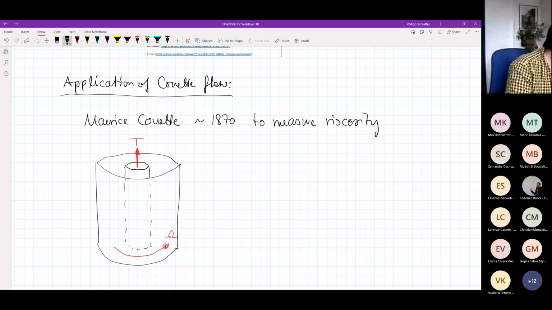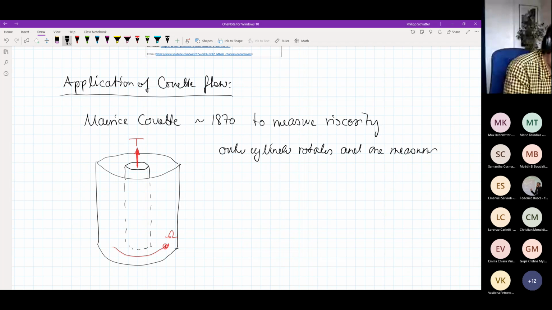So I can say that we have an outer cylinder. The outer cylinder rotates, and one measures the torque on the inner cylinder.